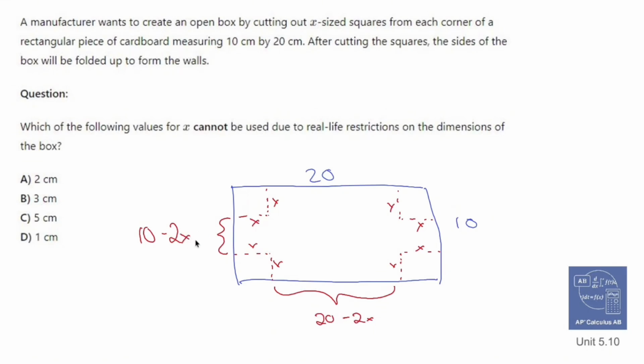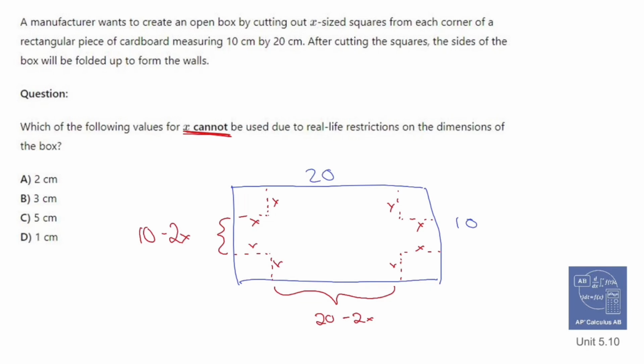That doesn't make sense, because if you choose 7, then you would get 2 times 7 here, which is 14, and 10 minus 14 means you're going to have a rectangle length of -4. That doesn't make sense. So one of these will not work, and that's the problem. After cutting these squares, the sides of them are folded up to form the walls. Great. Which of the following values cannot be used due to real-life restrictions of the dimensions of the box?